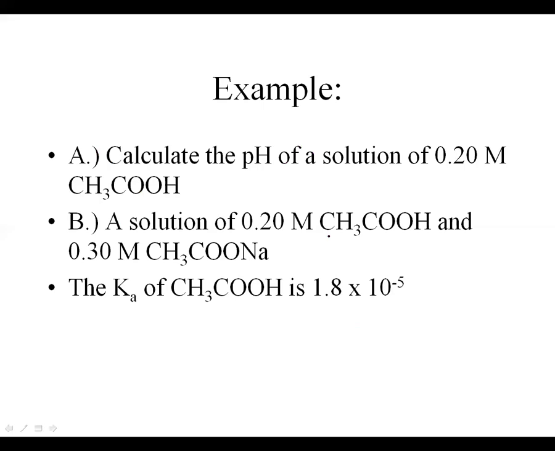So let's take a look at these couple of examples and see the difference between what we end up with. Let's take a look first at the first one here, which is where you have acetic acid, which has a Ka value of 1.8 times 10 to the minus 5. And we're going to start with 0.2 molar of it.